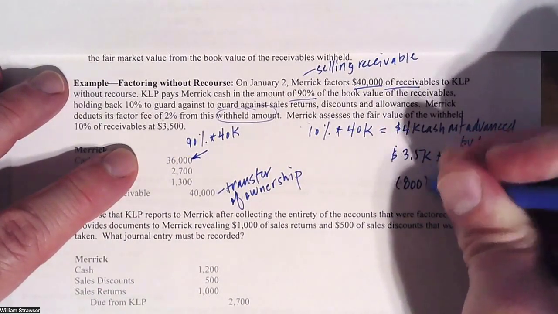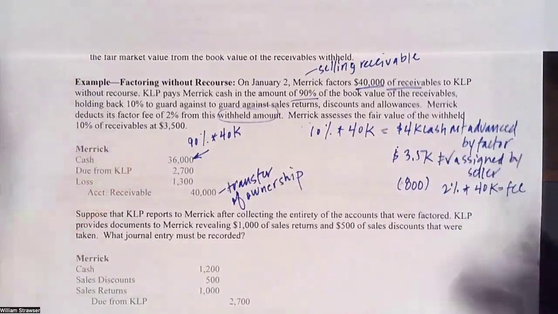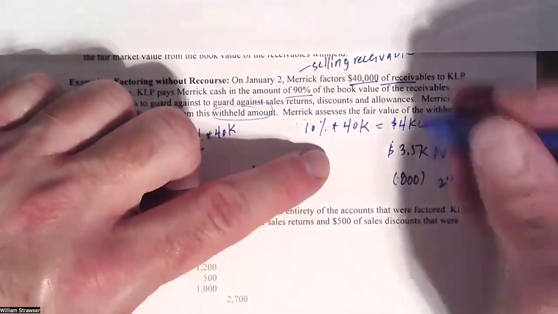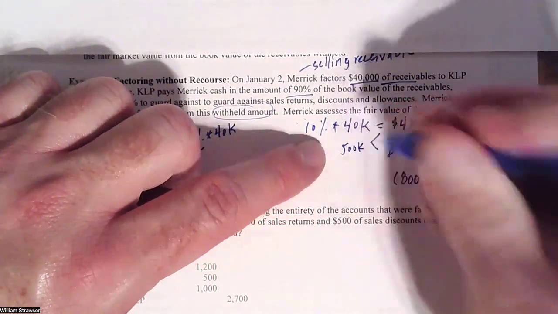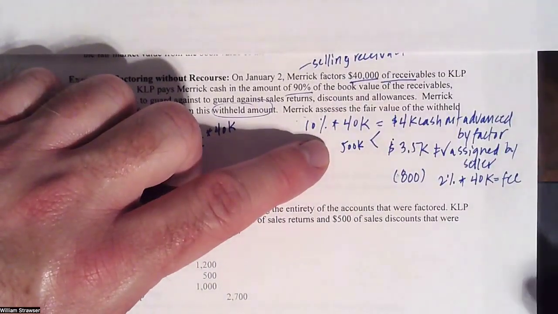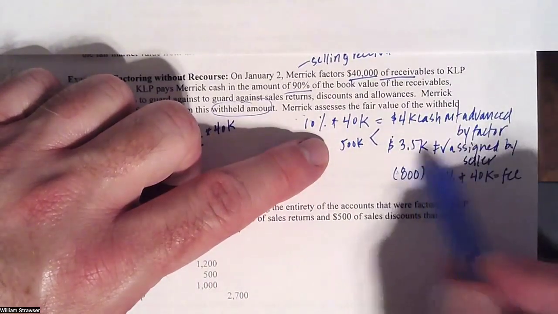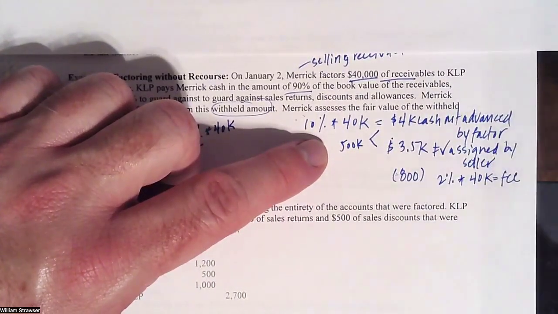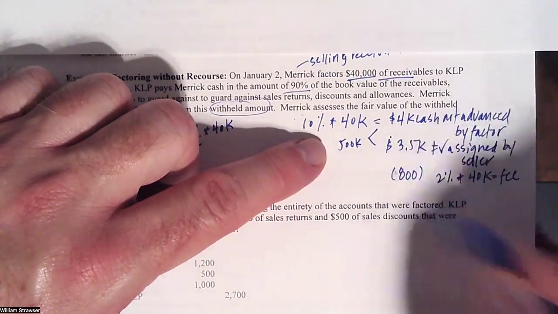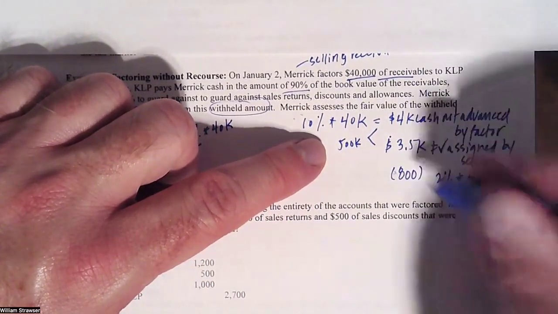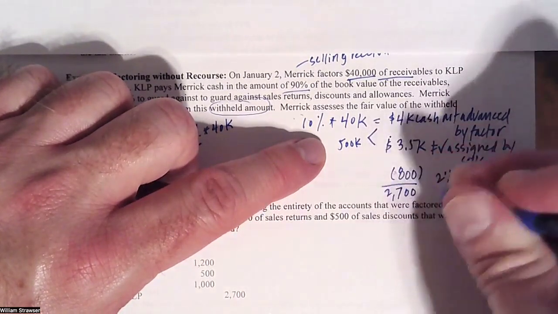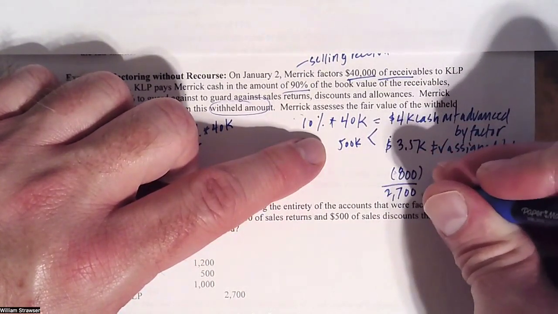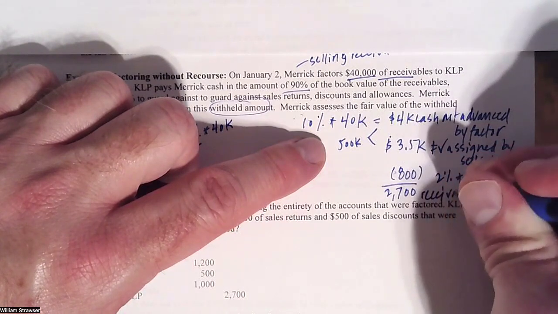We are definitely not getting this part of our withheld receivables back. So there's a gap of $500, which is what we don't think we're going to get back. That establishes the fair value of the amount that was withheld. And then there's the 800 we certainly know we're not going to get back. And so that leaves only $2,700 to record as the receivable from the factor.